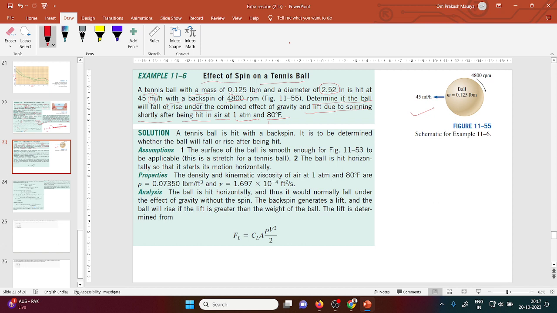The weight of the ball is given, the diameter of the ball is given, the ball is rotating, and the forward velocity is also given. Let's suppose you are throwing the ball with rotation.